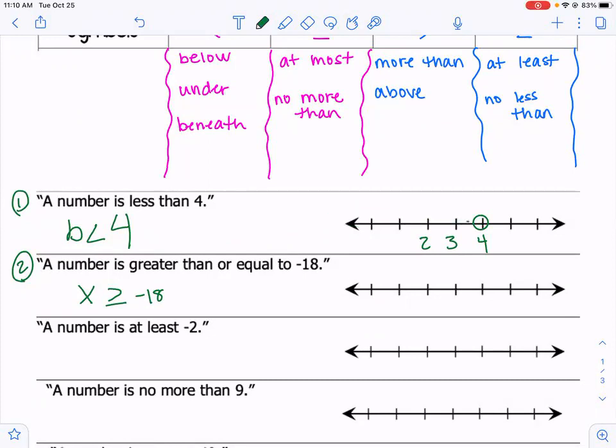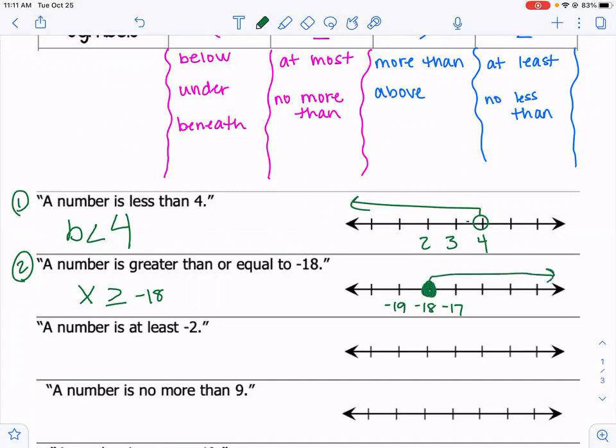Okay. So like Miss Newton likes to do this so that it's above. So if you want to do that, that's fine. Okay, that's great. So then, Jada, what do I do at -18? What kind of circle? Closed. And it goes to the right.